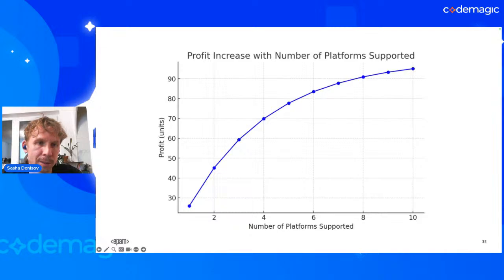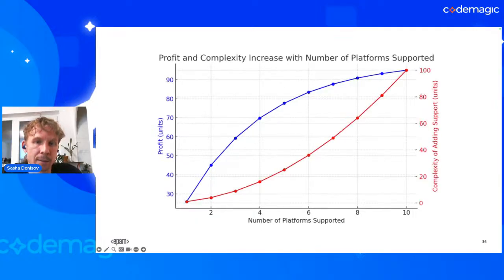Let's take a look at this graph. The profit you get from adding a new platform doesn't grow as a straight line. The more platforms you already support, the less additional value each new one brings. You can see on the graph, the return from each extra platform gets smaller and smaller. And let's add another graph.